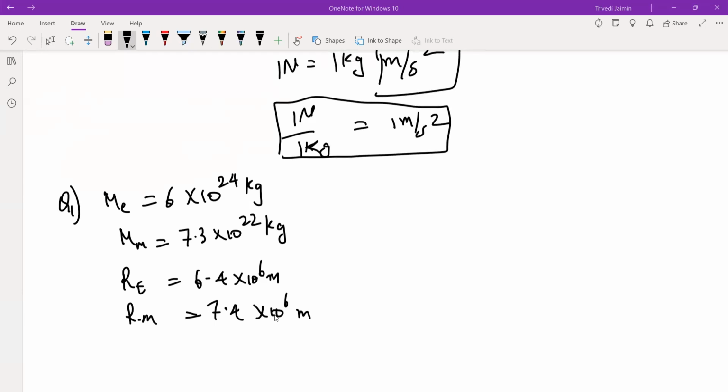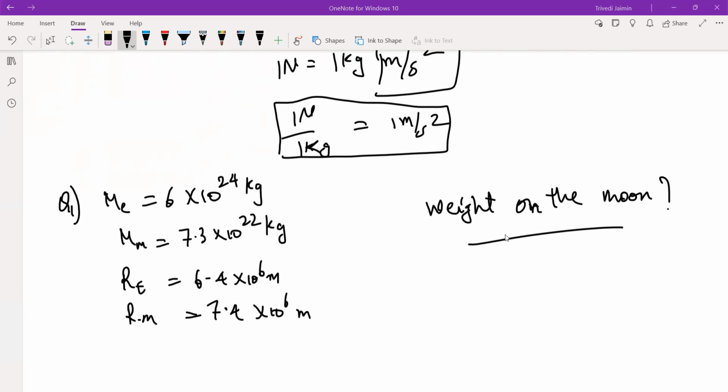So take this question. What you will do? Weight on the Moon. Try this question as homework. Have you made a note of this one? Yes, sir.